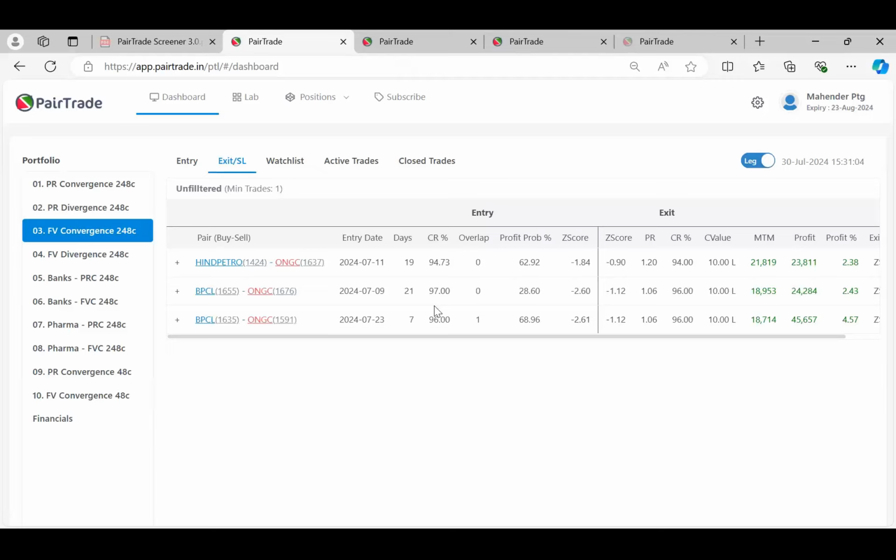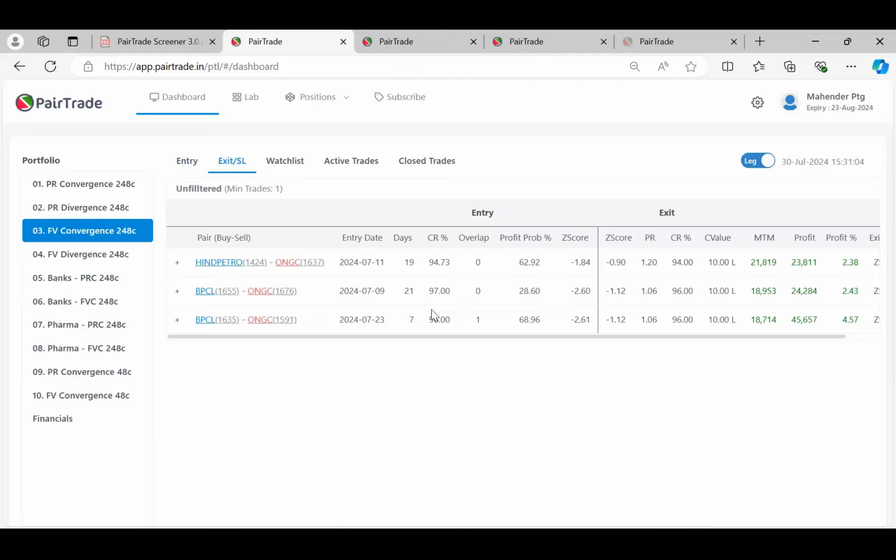Excuse me, I just want to know what is the difference between the unfiltered and filtered one? Like, the filtered version of your software, what is the criteria? Unfiltered means we are not putting any filters like correlation, cointegration, Hurst or anything. As and when the pair is crossing 3 standard deviation or 2.7 or 2, we are taking it irrespective of other values.